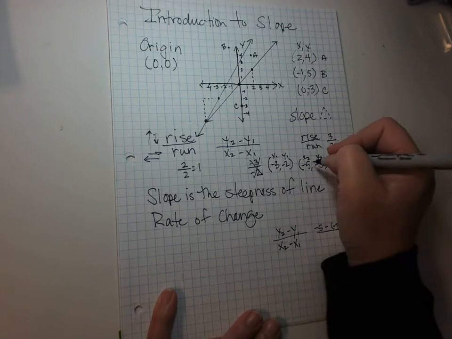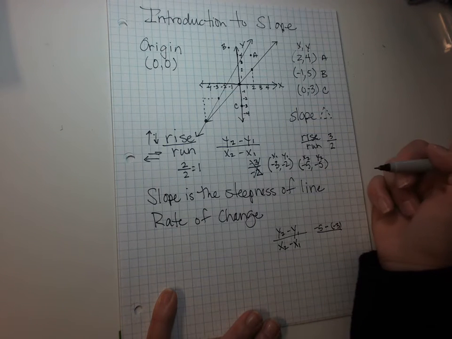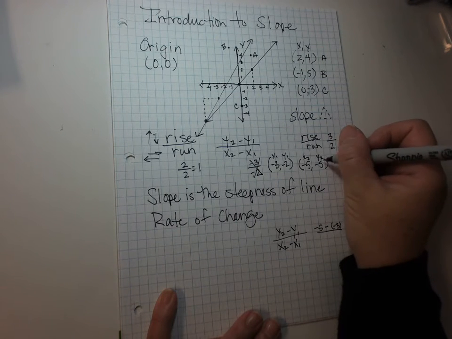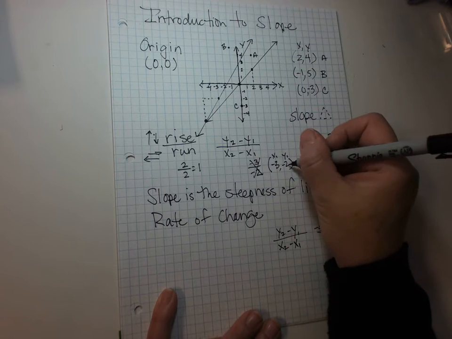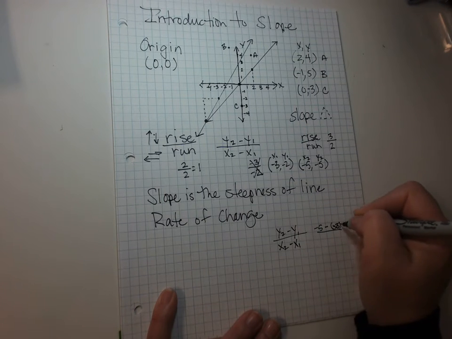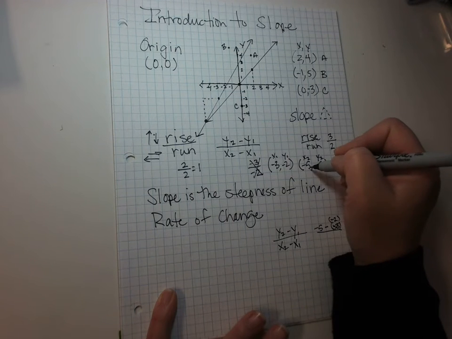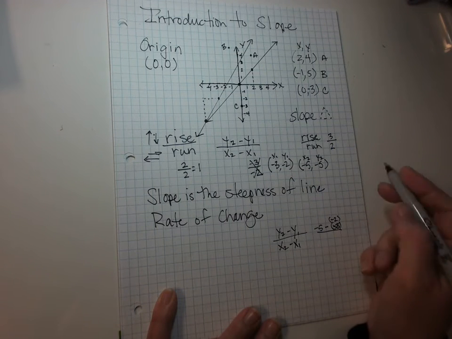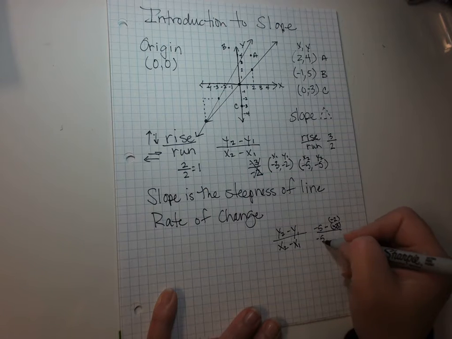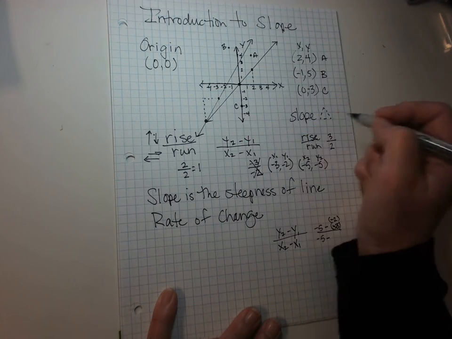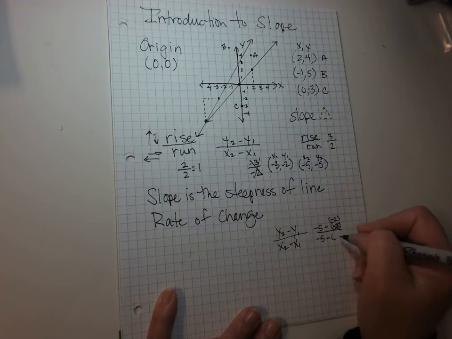Over x, stop me when I'm wrong. This is -5 for y2. y1 is -2. And then x2 is -5, again, minus x1, which is -3.